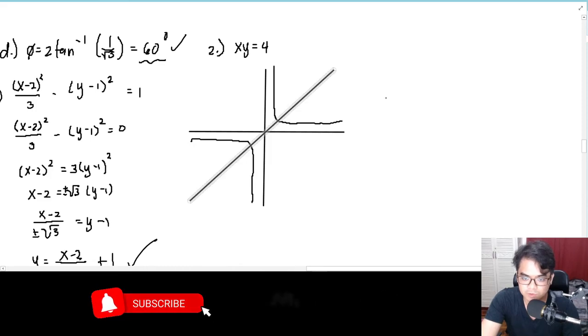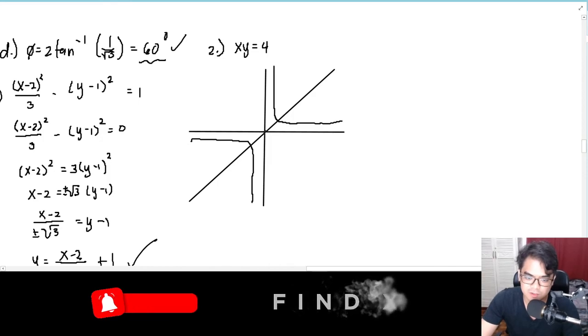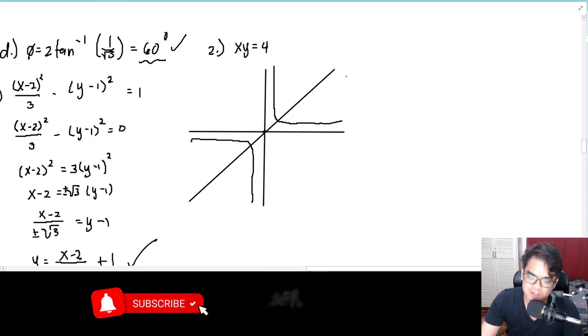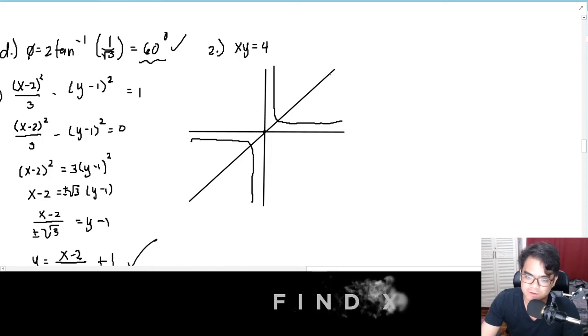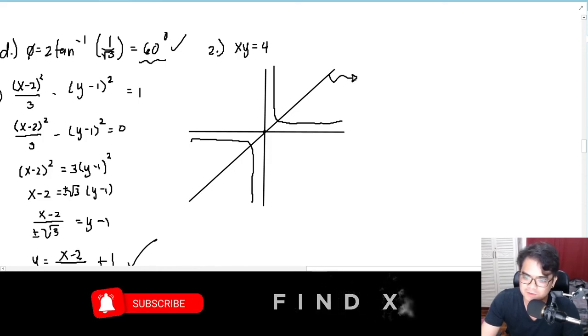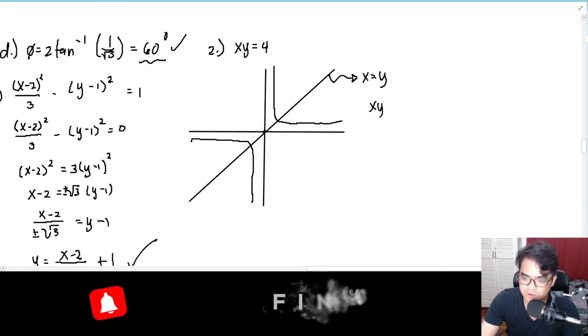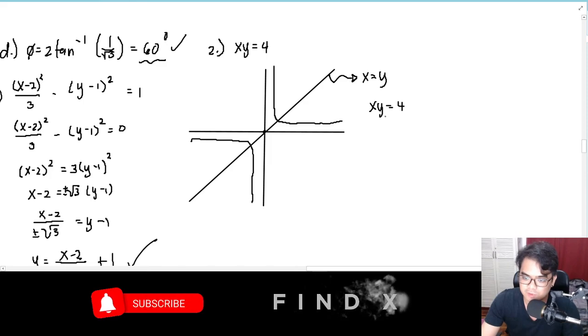If you consider this line, it passes through the origin, that is (0, 0), and it also bisects the first and third quadrants. Therefore, you can say that this line is x equal to y. So if x is equal to y and xy is equal to 4, substitute that and you'll have x² equal to 4.